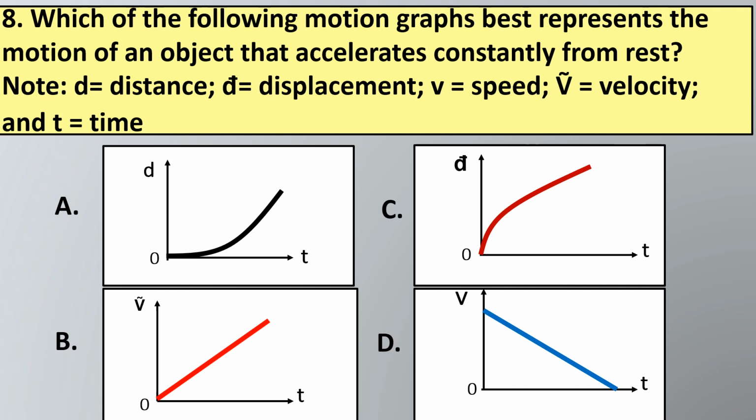Okay. Now, before we go to letter B, may I proceed first to letter C? In letter C, which is a displacement time graph, the initial position is also 0 at time 0. But as the body continues to move, notice that there is a decrease in the way the displacement changes.